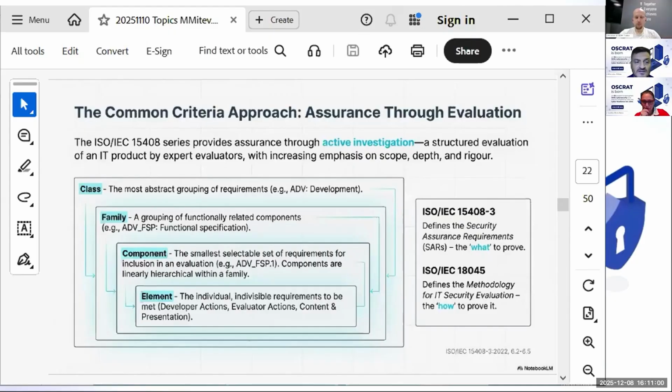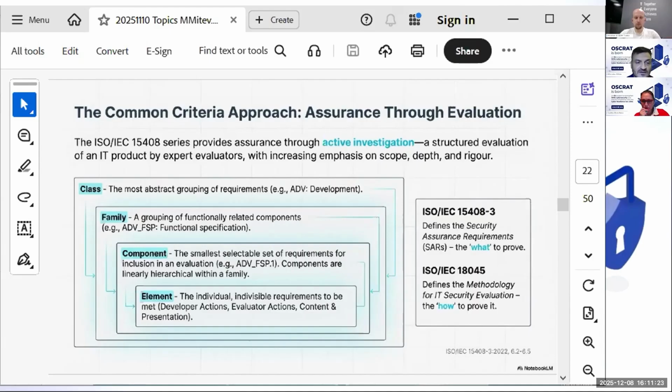A class is the broad category, such as development. A family groups related requirements. A component is the smallest selectable requirement. Elements explain what must be checked.